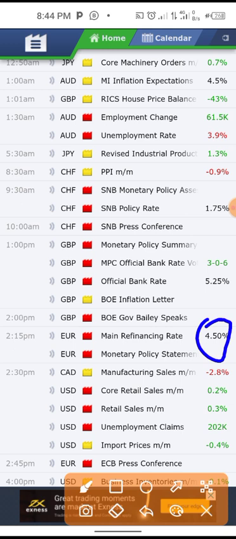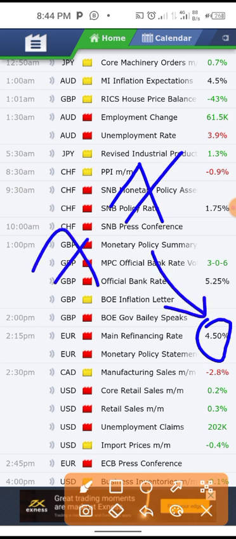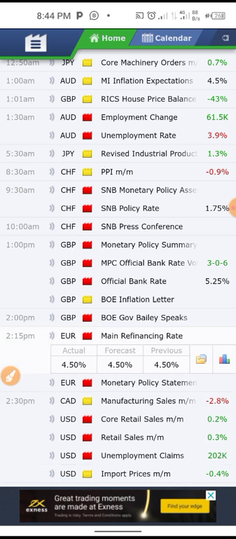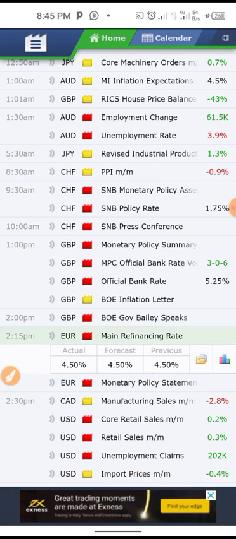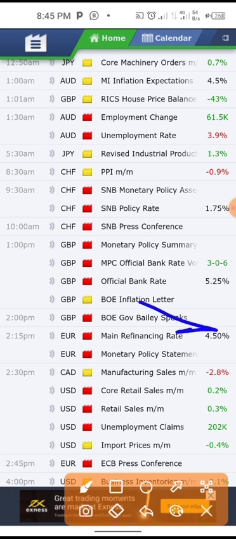The news might not affect the market. If the previous is, for example, 7, and the actual is 7, it's going to be in black. If we check this one, you see that the previous is 4.50, the forecast is 4.50, and the actual is 4.50. So that is why it came out as black.